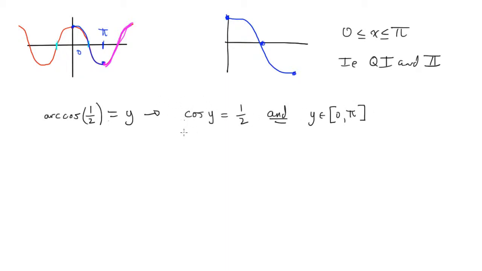Similar to the sine case, the only difference is that for cosine we demand that the angle live in quadrants 1 or 2, not in quadrants 1 or 4 like with sine. So again, I'm going to use the unit circle in reverse. I do know that cosine of pi thirds equals 1/2, and pi thirds also happens to be inside that interval, so those two things together tell me that the angle here needs to be pi thirds.